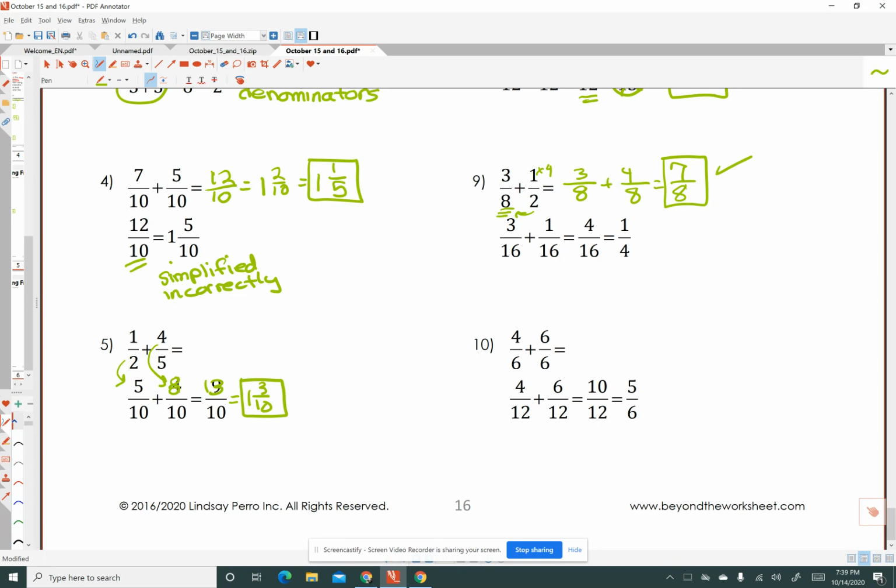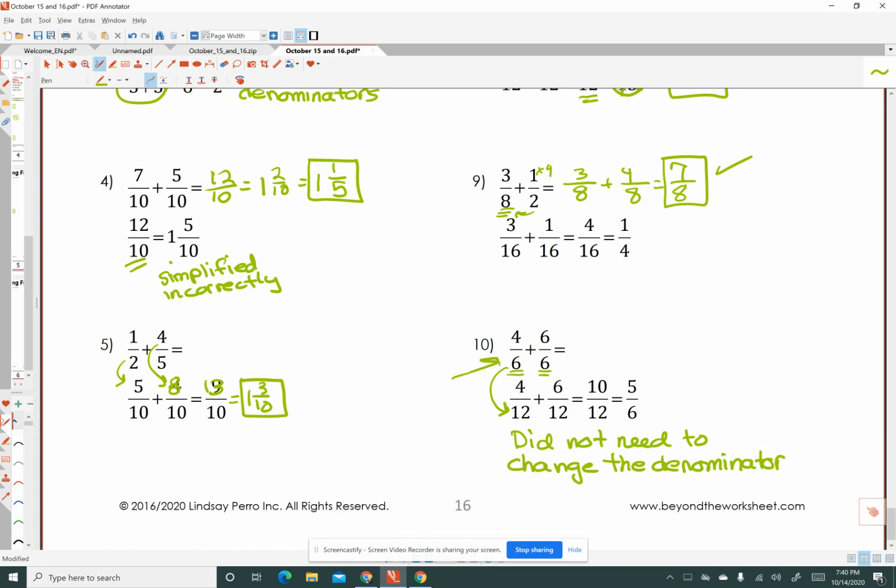So let's look at number 10, our last problem. Now look what they did. They changed the denominator from 6 to 12, but they started out with the same denominator. So they did not need to change the denominator. So they could have just kept this.